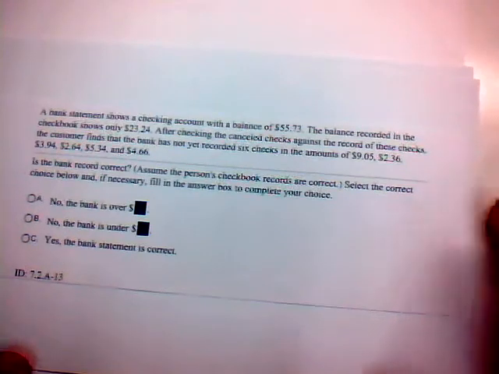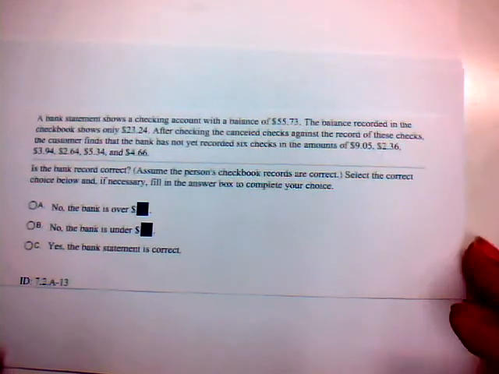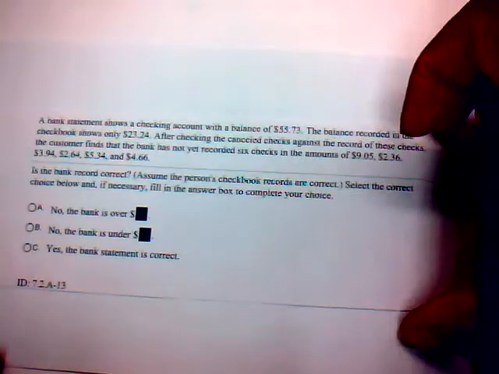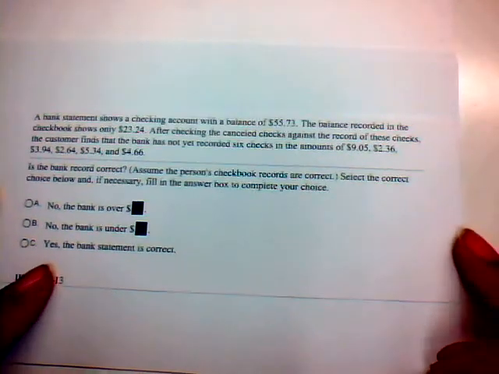Okay, problem number 5. A bank statement showing a checking account with a balance of $55.73. The balance recorded in the checkbook shows only $23.24.